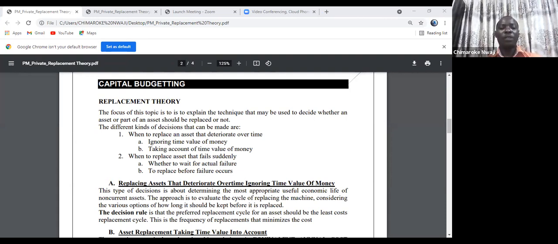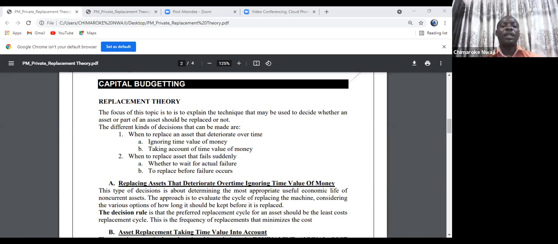Under that, we're going to be looking at if we ignore the time value of money, what will be the best time to replace the asset? Then we will look at taking into account the time value of money. Both of them are the same. It's just that the difference is the time value of money.